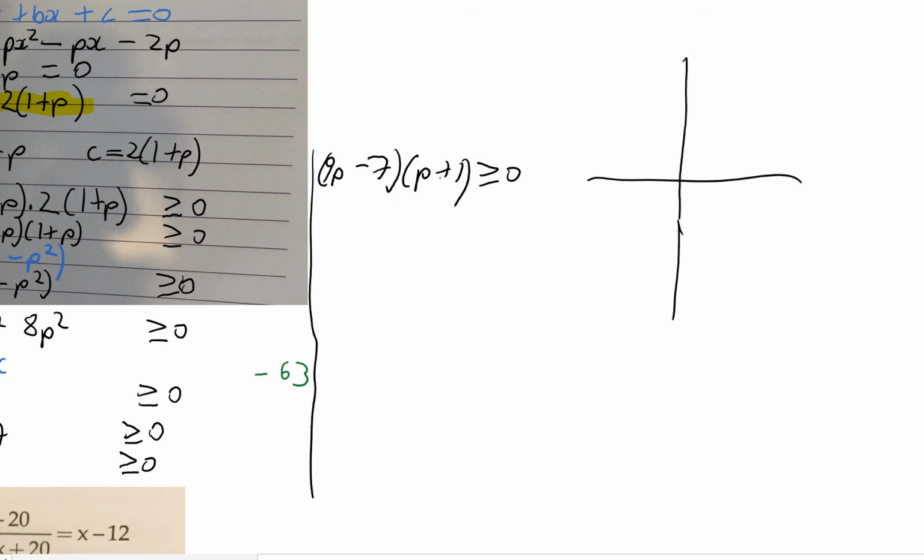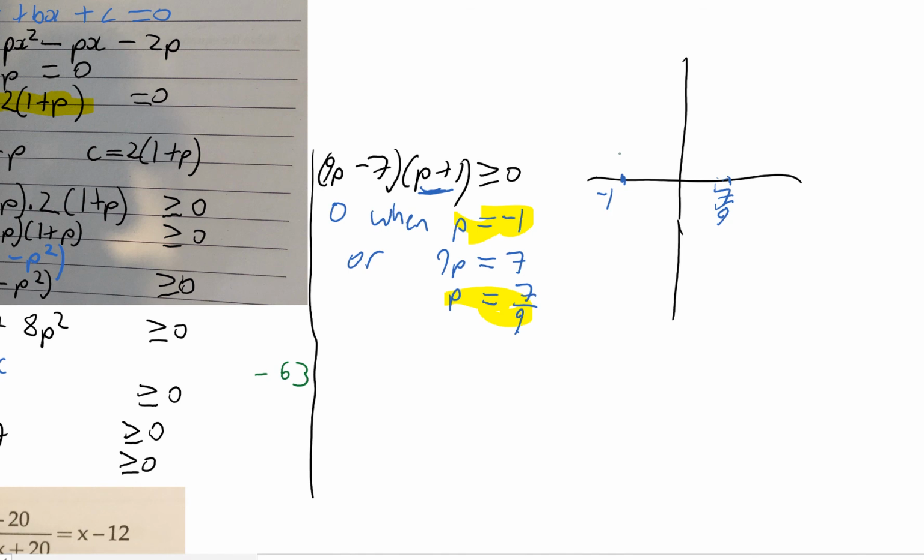And what are its intercepts? Well, it's going to be 0 when p is -1, or when 9p minus 7 equals 0, so 9p equals 7, so p would be what? 7 ninths. So its two intercepts are going to be at -1 and at 7 ninths, so just short of +1.